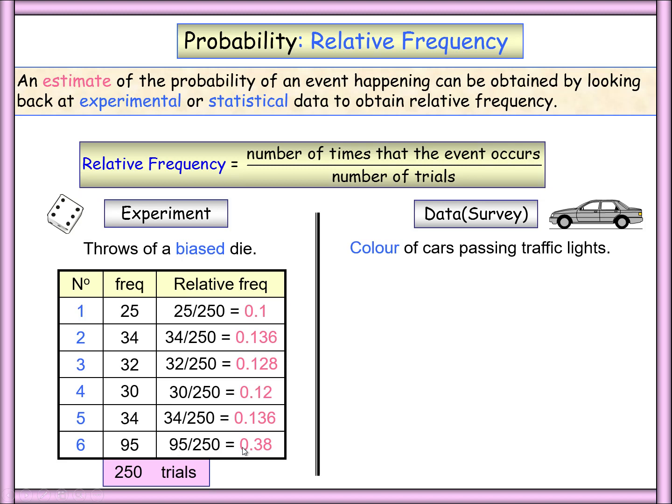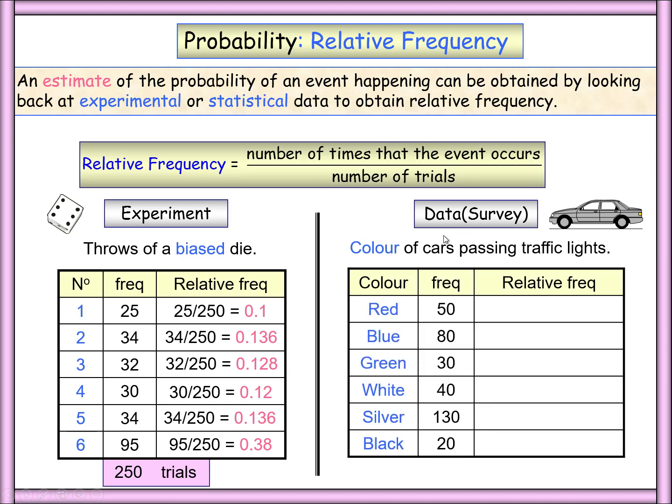So it's heavily biased towards a 6. So you want to be gambling against anybody who's got that die. And then, so that's an experiment. So we experimented and we can see then that the die is biased. You can also do a survey of the number of cars, of the color of cars passing traffic lights.